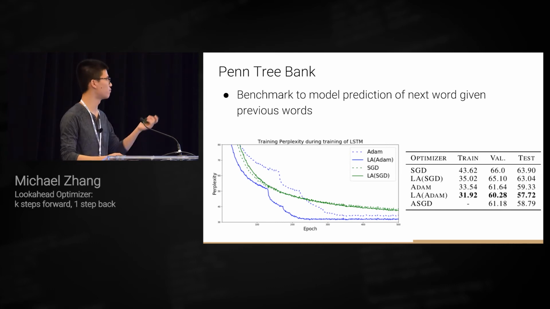So the higher the number you see there, which is the perplexity, the more uncertain we are. We want a lower number, which means our language model is performing better. And we can see that both look-ahead wrapped around Adam and look-ahead wrapped around SGD do better than their vanilla counterparts. And we also achieve a better final validation and test accuracy as well.